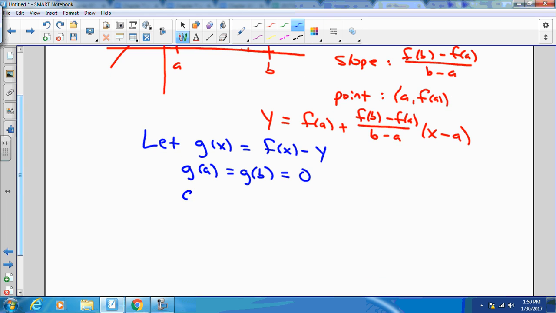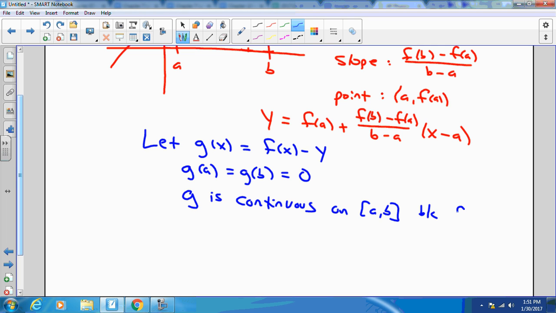The second point that I want you to observe is that g is continuous on the interval a to b because it is the difference of two functions that are continuous on that closed interval a to b. f is continuous because that was our hypothesis. And y is continuous because it's a straight line.